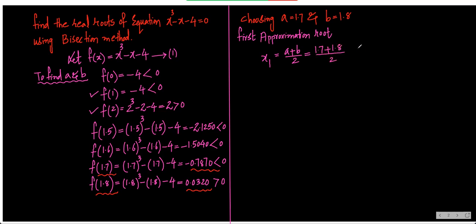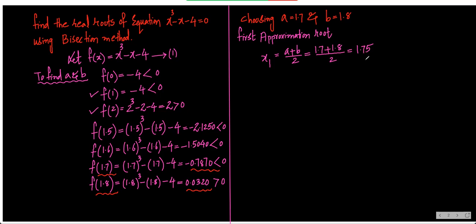Can you tell me the answer of this? 1.7500. Yes, 1.7500. But after the decimal, you can neglect the extra zeros. So I am assuming that 1.75 is our first approximate value.